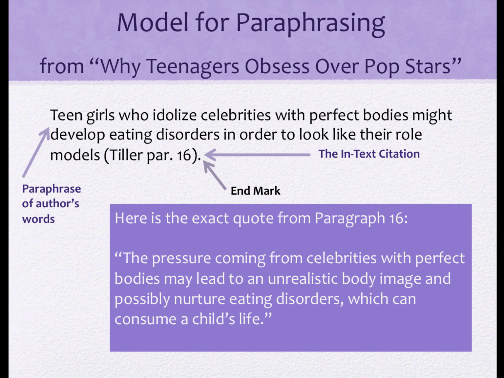"The pressure coming from celebrities with perfect bodies may lead to an unrealistic body image and possibly nurture eating disorders which can consume a child's life." And you can see that there's a similarity in the message, but the paraphrase is not an exact quote.